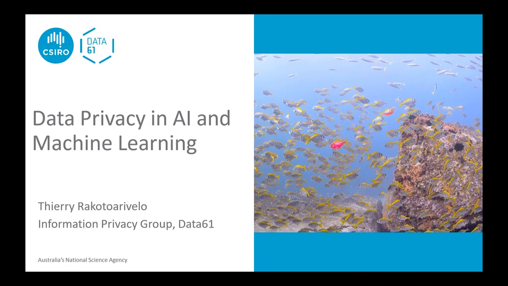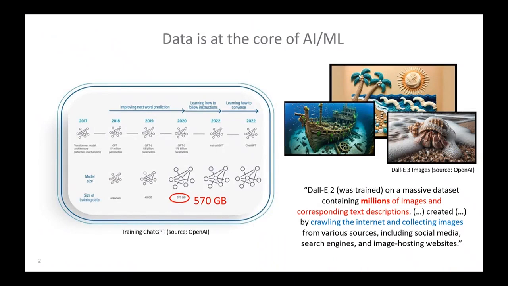Like Roman and Fatemeh mentioned earlier, data is at the core of AI and machine learning. So there's a tremendous amount of data that is required to train machine learning models, especially the most recent generative and conversational models that have been in the headlines recently.